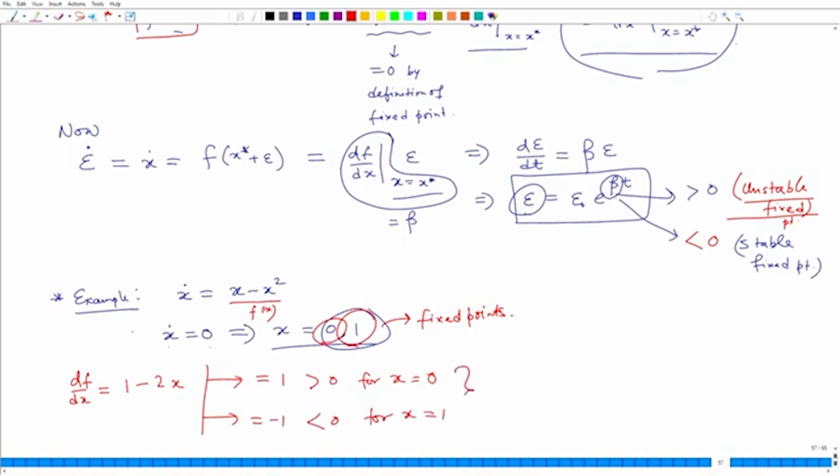Okay. So, this actually says that for this case you will have an unstable fixed point, and for this case you have a stable fixed point.